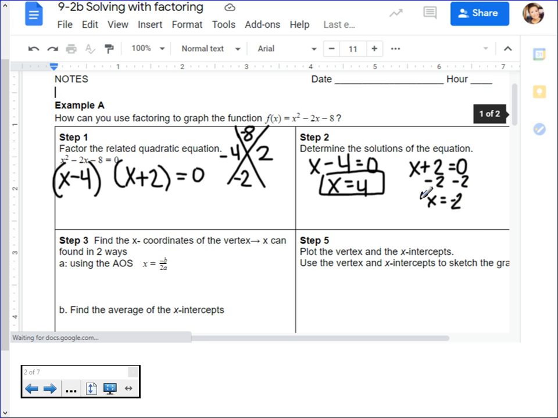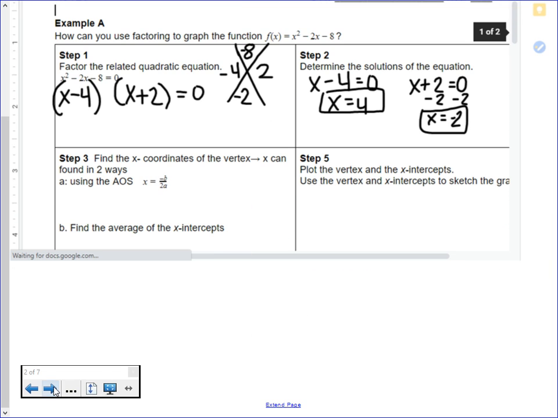At this point, we do know how to find the solutions. These are actually the x-intercepts of the graph. If you were to graph this, you'd go on your x-axis and make a point at 4 and a point at -2, and that's what we're about ready to do. So we're on step 3.